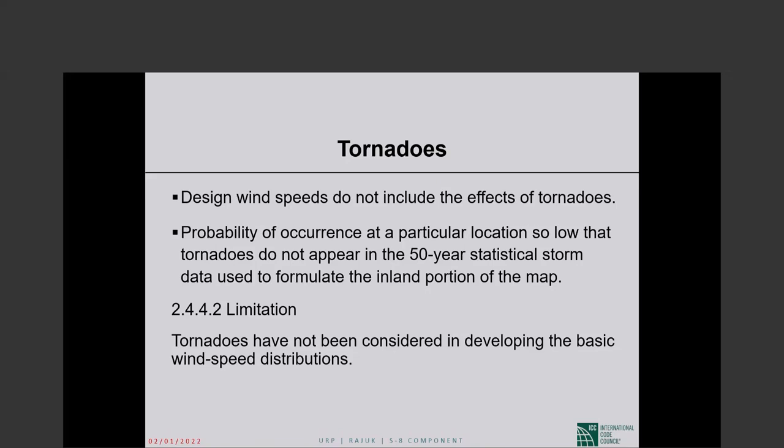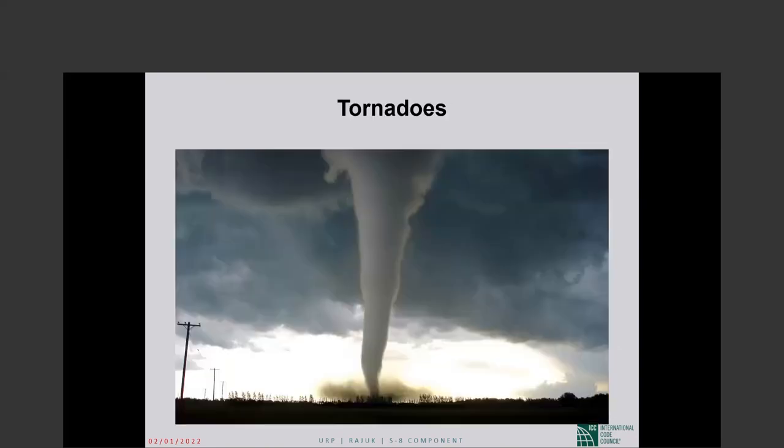The chances of a particular location being hit by more than one tornado is pretty remote. And because of all these reasons, in 50-year return period wind speed, tornadoes simply do not feature. They are too localized. Okay?